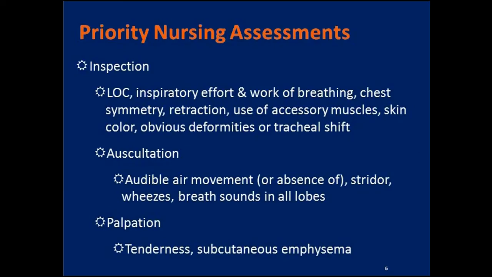So when we're assessing our patient for upper airway obstruction, of course, inspection, auscultation, palpation, these are all things we're going to be doing. Looking at the level of consciousness first and foremost. You can often determine the patient's level of consciousness just by looking at them.